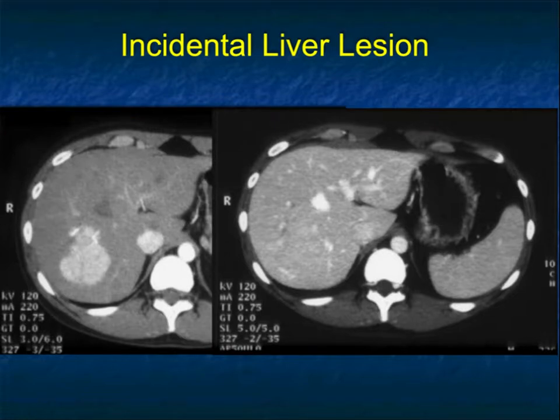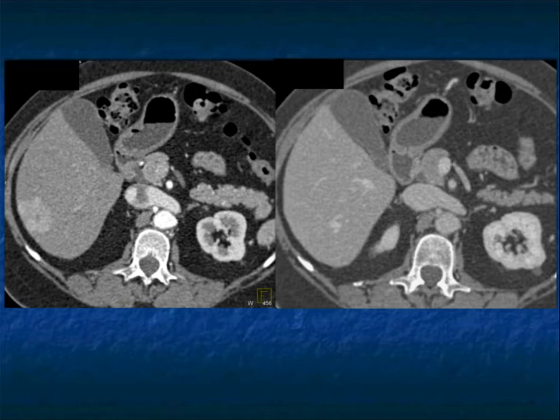What lesion becomes so bright early and becomes isodense? You could say hepatomas, certain metastases like neuroendocrine tumors can be very bright, but they're rarely bright and homogeneous like this case is, and they typically don't fill in as quickly. And this is a wonderful example.